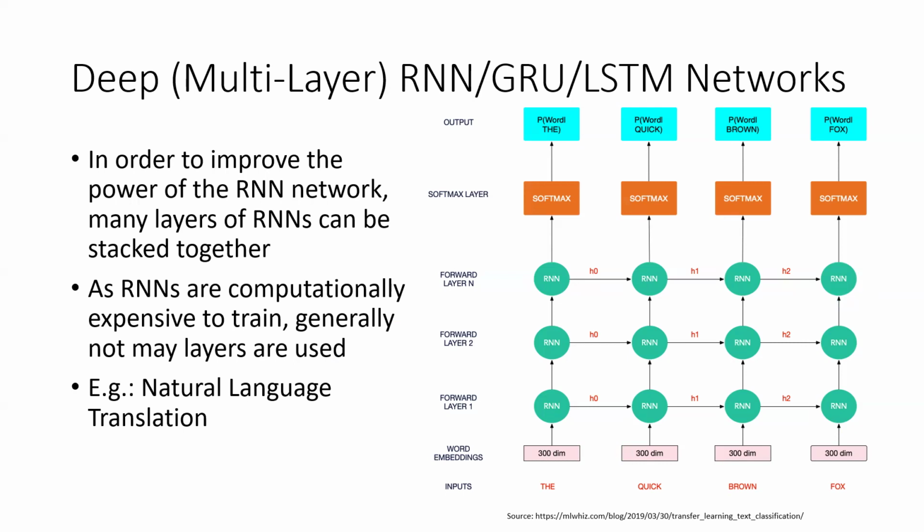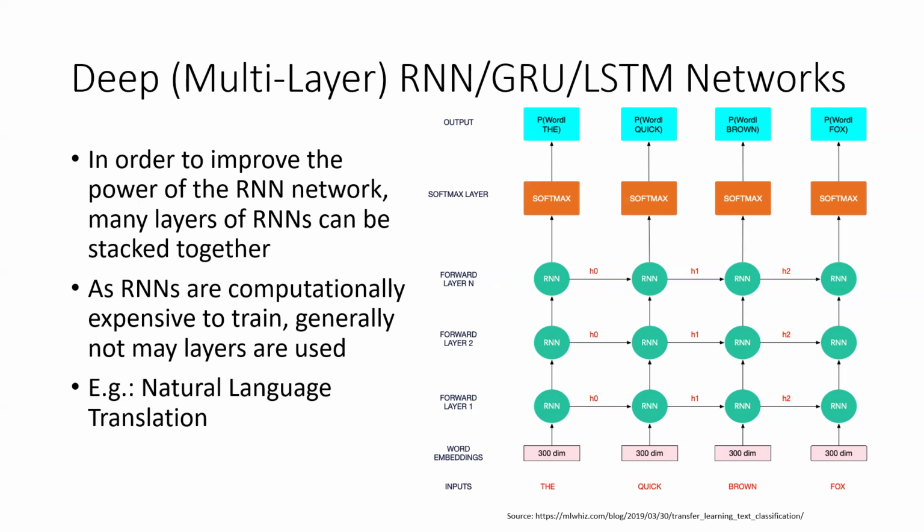But the disadvantage is that it gets even more difficult to train, because even a single-layer recurrent neural network or an LSTM network is difficult to train, since there are many steps. We are not going to discuss the exact reason, but when you increase the number of layers, it gets even more difficult to train. It takes too much time, it is expensive, it is memory consuming, and so on.